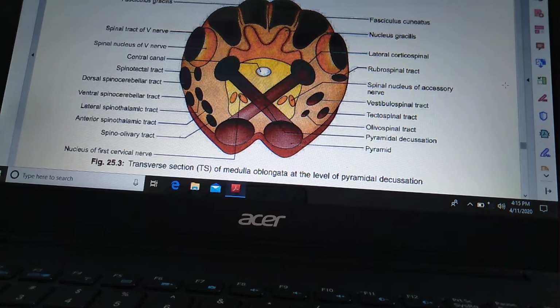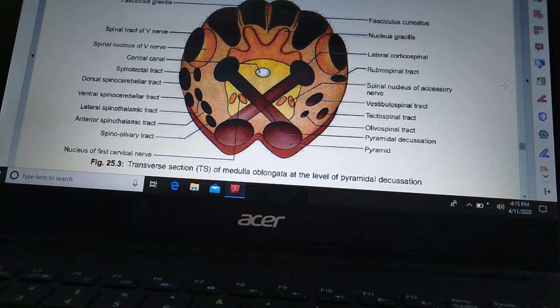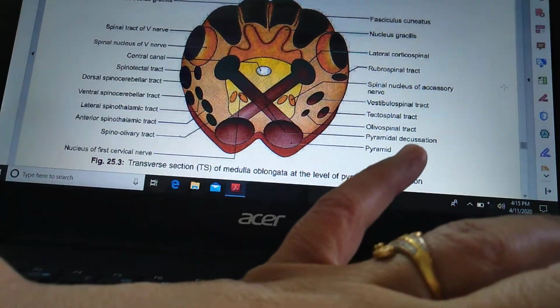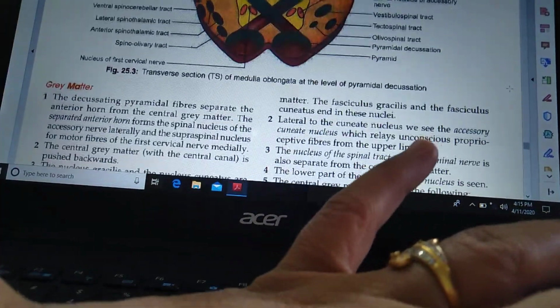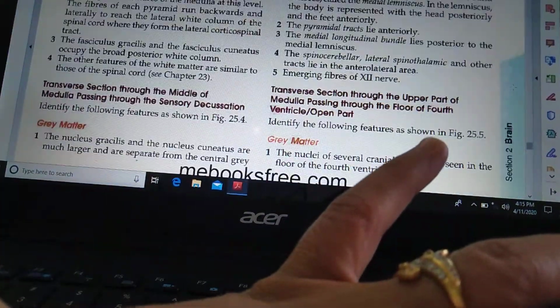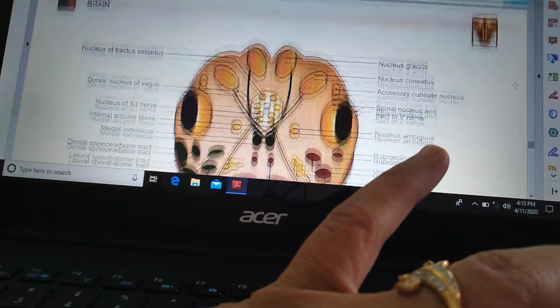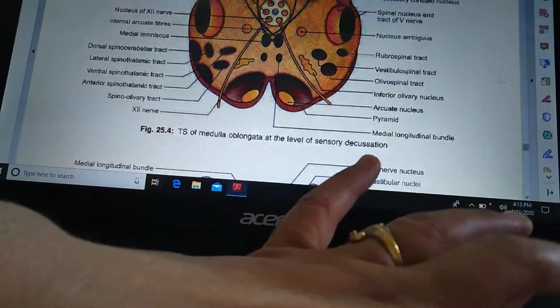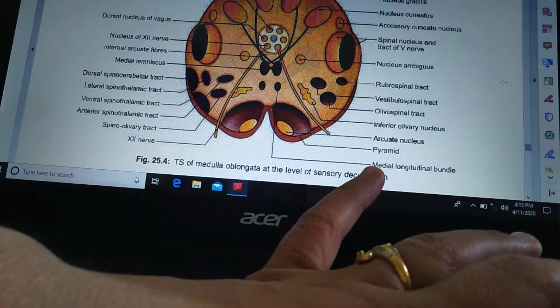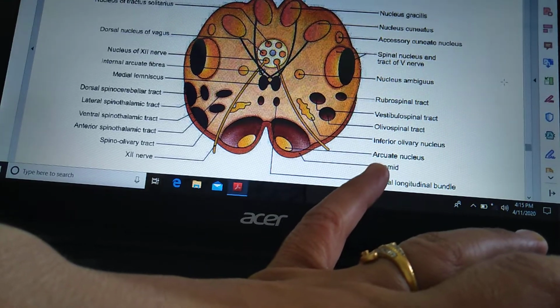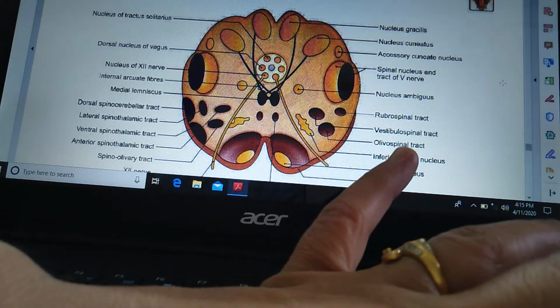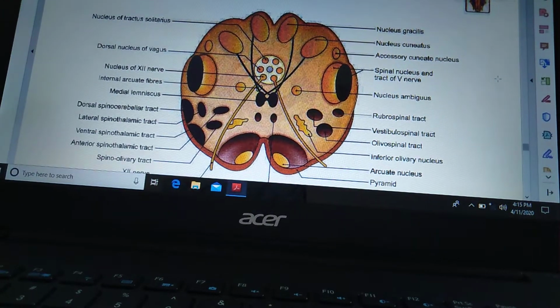Next is the transverse section through the middle of the medulla, that is at the level of the sensory decussation. The diagram for it is here, you can see. Here again we will learn the gray matter first.